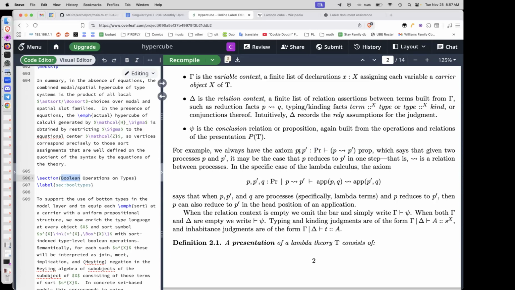No, this says that given that P and P prime are processes, we can ask whether P reduces to P prime. So this is what we can ask whether. So prop means prop ask? Means I don't understand. Yeah, prop means that this thing is a proposition. Oh, I see. It is the case that it is a proposition. Yes. Okay. All right. And you wouldn't use a type for that, or a kind, or something?